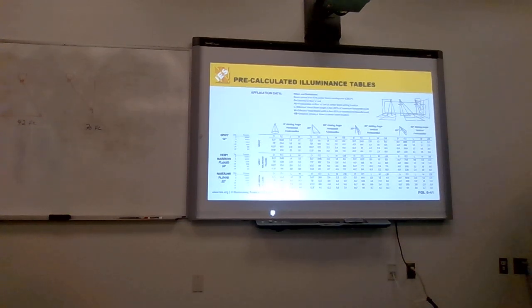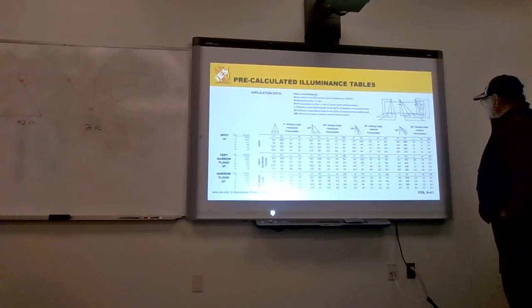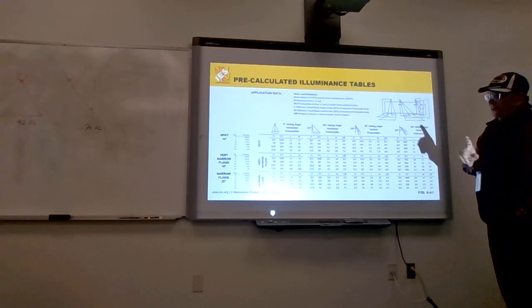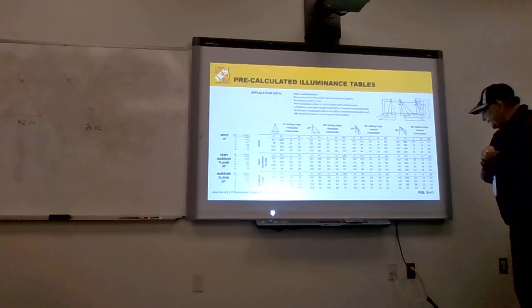We can basically make a decision on how many luminaires we need based upon a chart like this, couldn't we? Notice here, it actually gives you the dimensions of the circle of light. It's not a circle all the time. Sometimes it's an oval. All right?